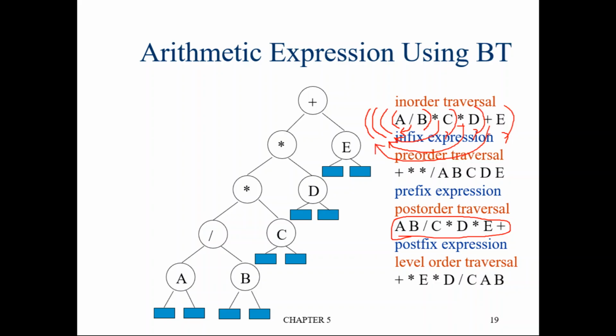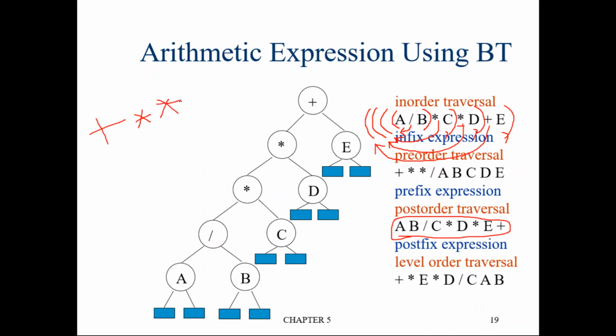So first you will get this plus. And then this parenthesis is replaced by star, so you will get star. Then the third parenthesis is replaced by this star, so again you will get star.